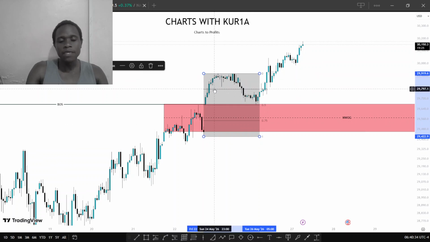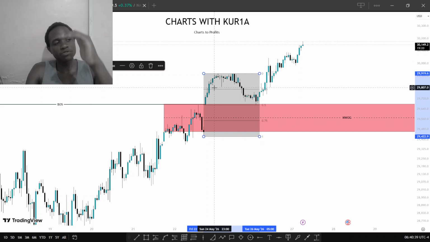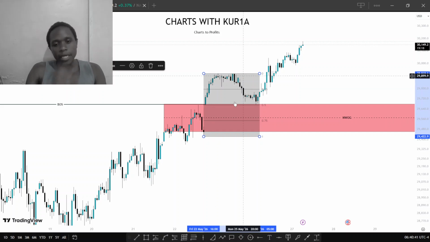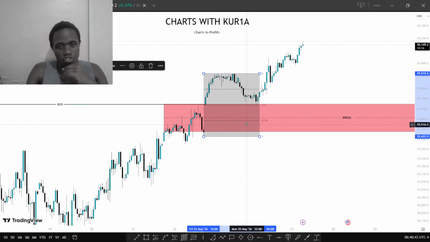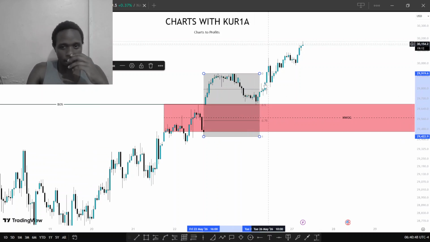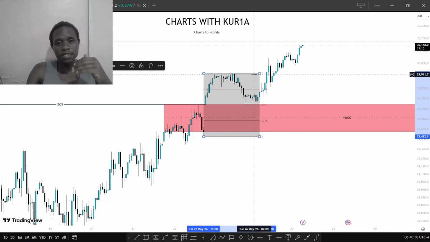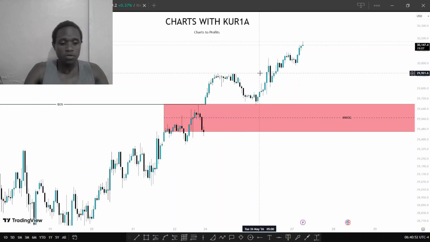You expect price to move from premium to equilibrium to discount, and equilibrium should be the bouncing point of price action if price is still going to continue to move in that same direction. Okay, enough being said, this was the 4-hour analysis.